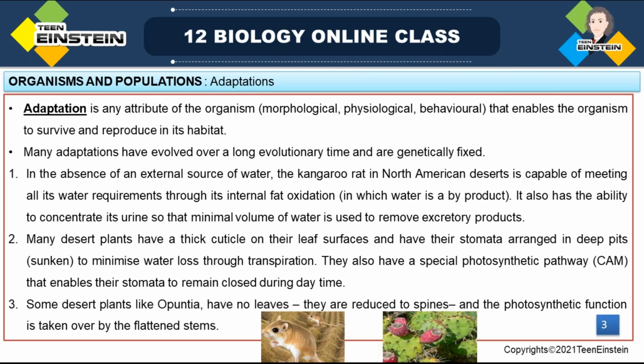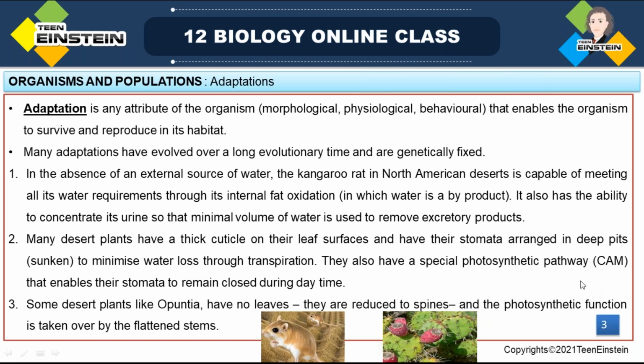So these are the main adaptations of xerophytes or the desert plants. They have sunken stomata. That means stomata are in deep pits or deep positions. Then thick cuticle. Both help to reduce the transpiration rate. And these desert plants or xerophytes have a special photosynthetic pathway, which is called the CAM pathway.